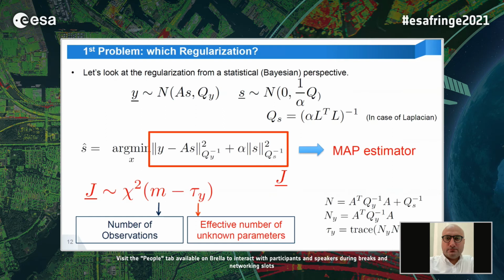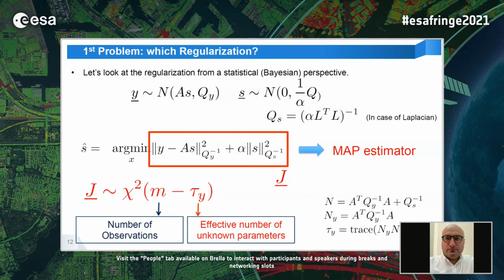So let's look at the first problem. We assume our observation is normally distributed with the expectation as a mathematical model, Okada A S, and Q_y as the variance-covariance matrix of the observation error. We assume the slip S has a normal distribution with zero mean and our regularization as the variance-covariance, put as a constraint.